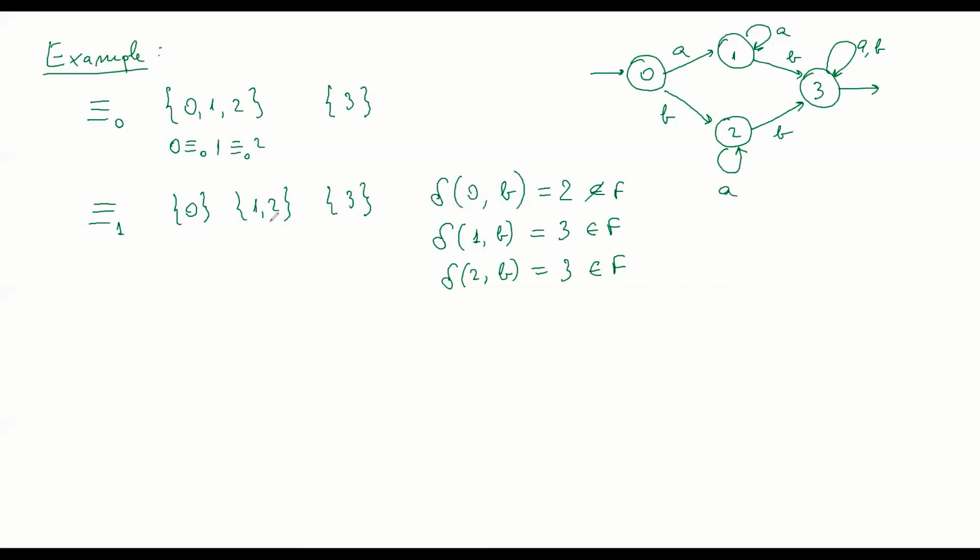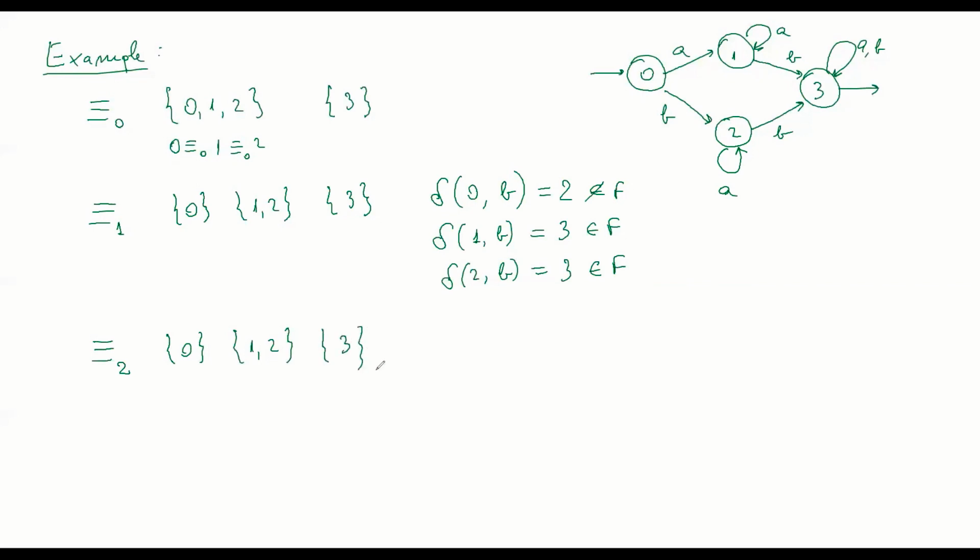And when I think about this one, meaning I would like to distinguish now with single letters between 1 and 2, then you realize that you cannot do that, and you just get exactly the same equivalence relations as before.